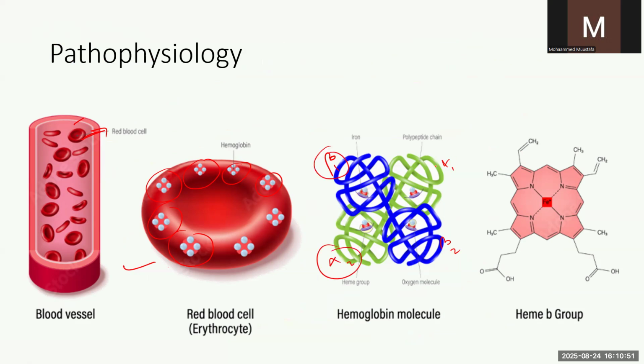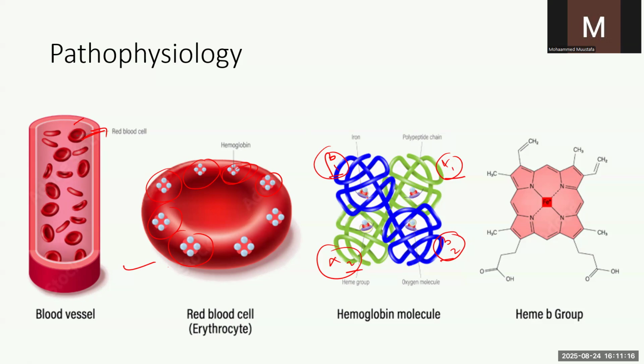As we discussed earlier, there are 4 globins, that is heme globins, present in one hemoglobin. So if you take one hemoglobin structure, there are four parts of the globin heme groups: beta 1 chain, alpha 1 chain, beta 2 and alpha 2. So these are the four chains.